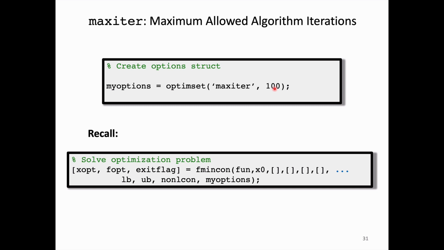And that's something that you should have a look at. You should become familiar with what some of the key default values are for the algorithms that you're learning to use. If we've created this new options struct, then that is passed in here as the last input argument, at least with this version of the fmincon implementation.